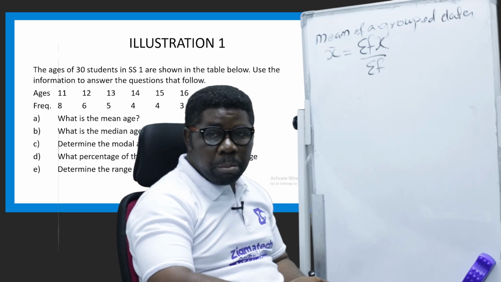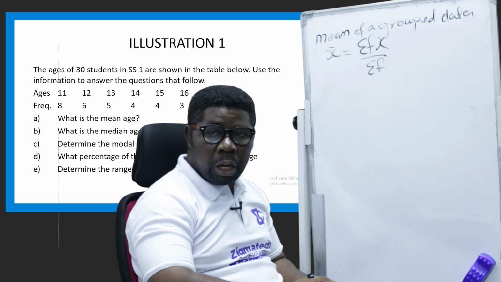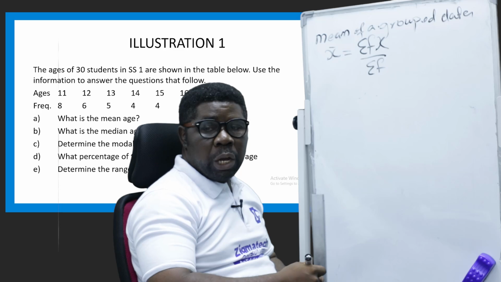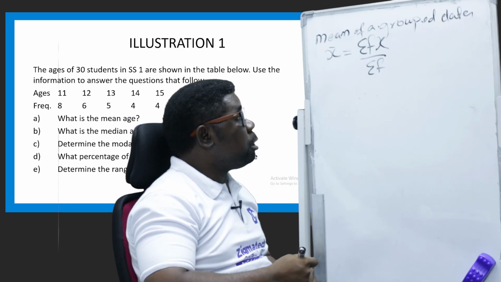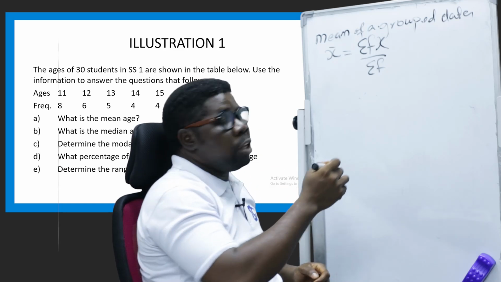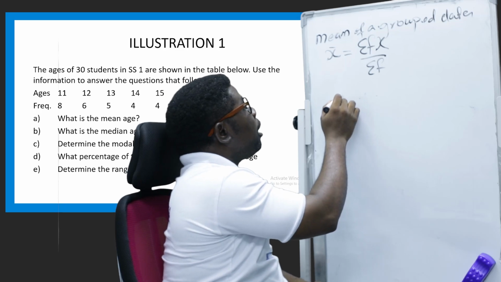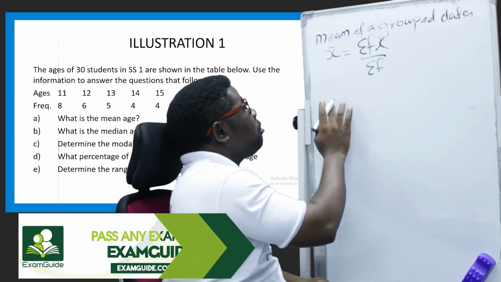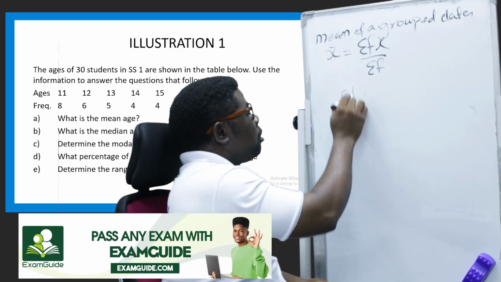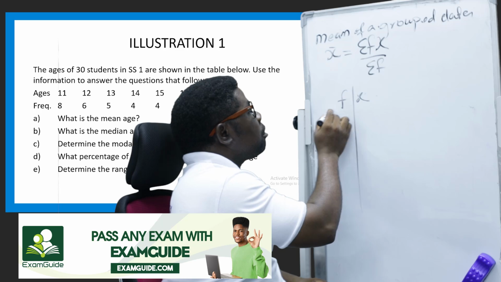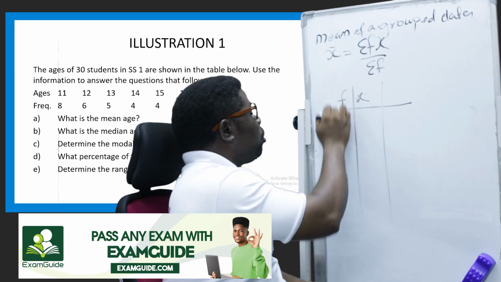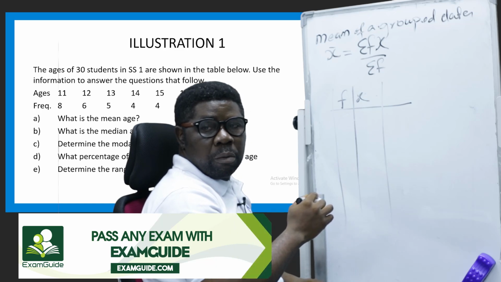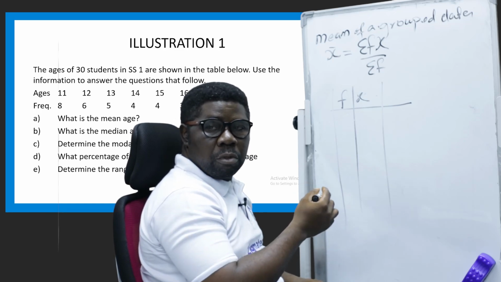We're looking at mean, median, and mode. We can do it directly, or we can just do a small table, so we'll have our work cut out for us very easily.